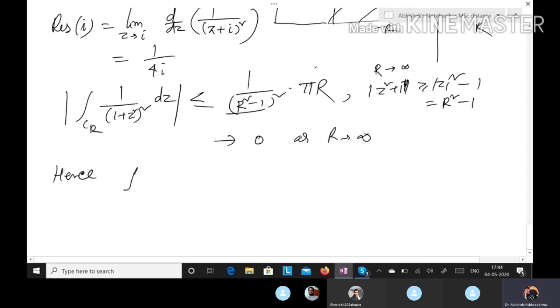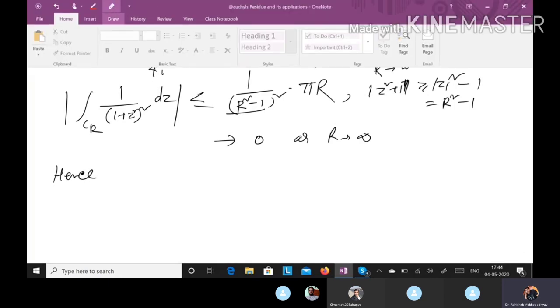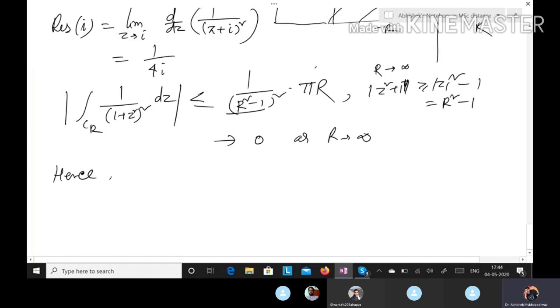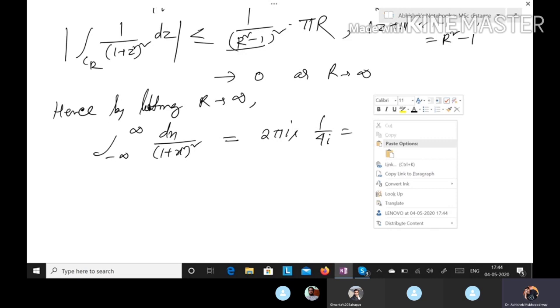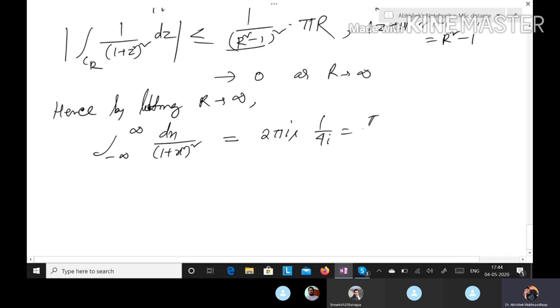Hence, by letting R tend to infinity, the integral from minus infinity to infinity of dx by (1 plus x square) squared will be equal to 2 pi i times 1 by 4i, that is, pi by 2.